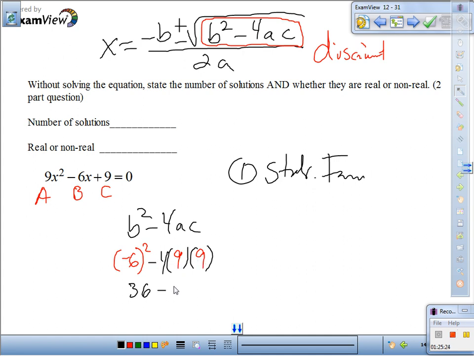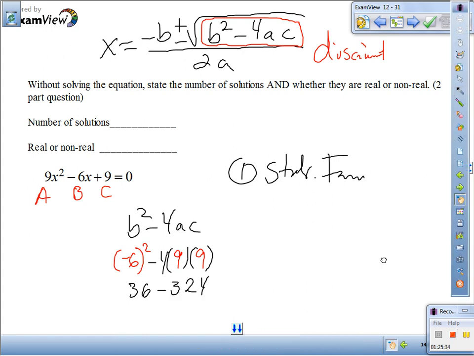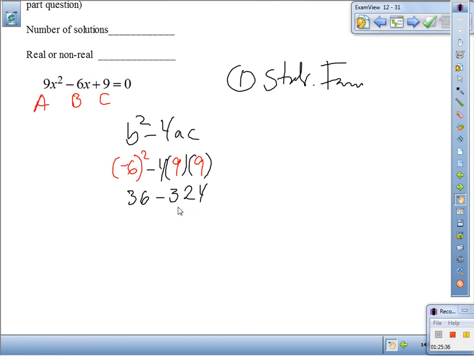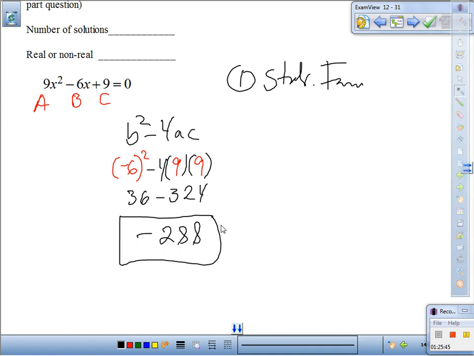That's negative 324. So, what is 324 minus 36? Negative 288.